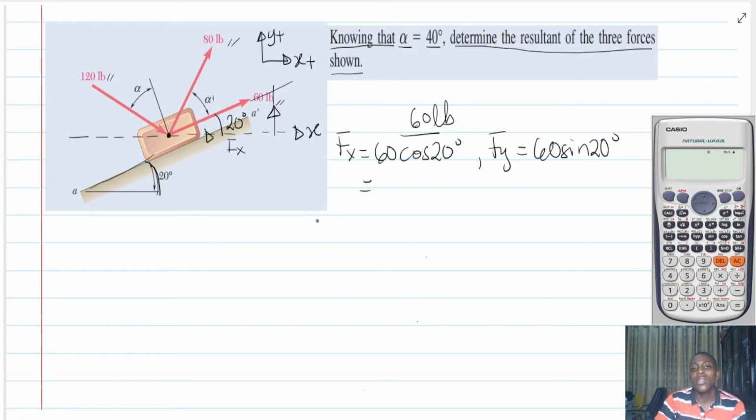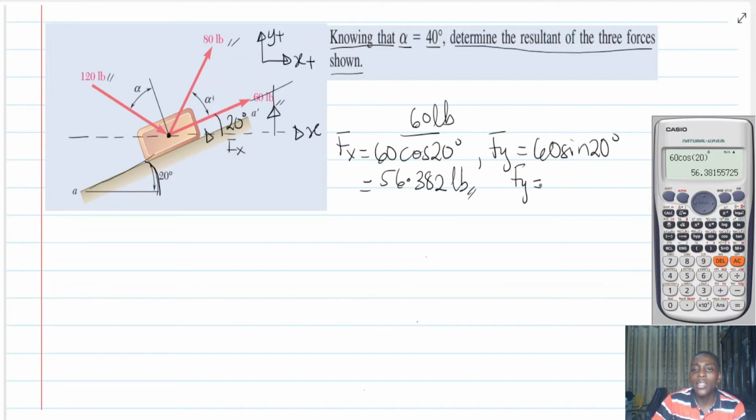With the x component, I'm going to get 60 cosine 20. And what is that? 56.382 pounds.